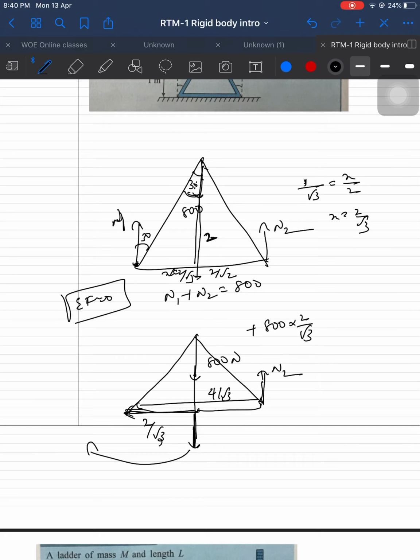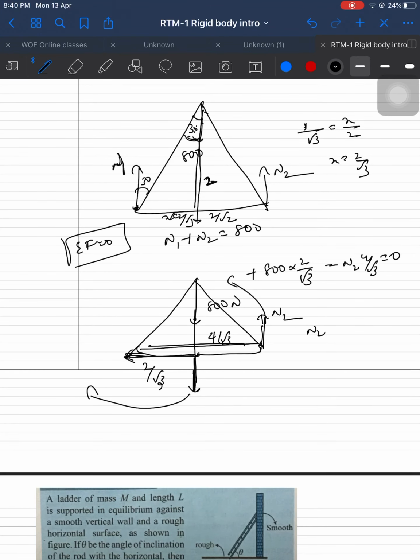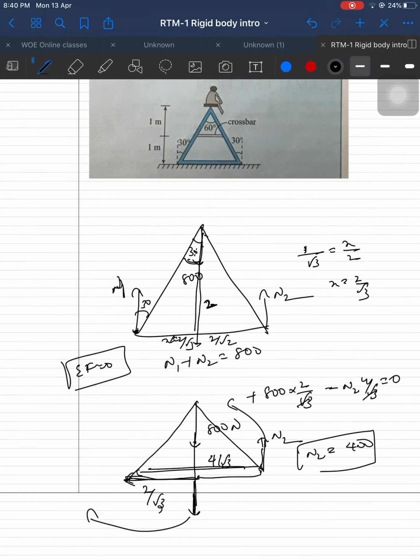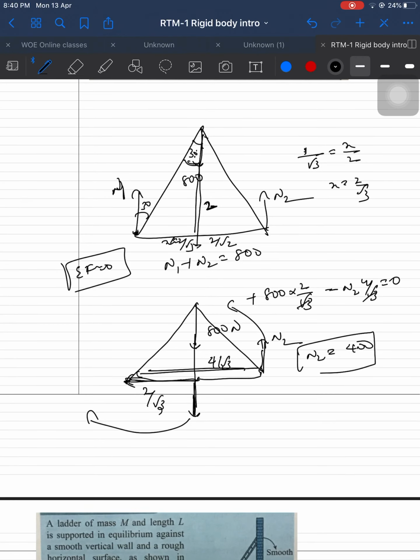And about this point here, if we consider, it moves in this direction. Minus N2 into 4 by root 3 is equal to 0. We can get N2 equal to how much? Root 3 gets cancelled. It's equal to 400. N2 is equal to 400. Get the value of N1. N1 also becomes 400.